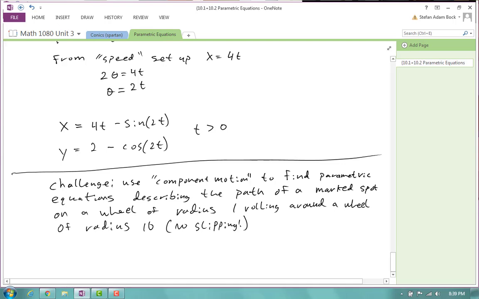So again, no slipping allowed. What you should get at the end of this is something that looks a lot like a flower.